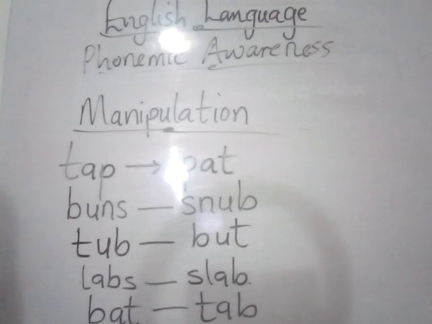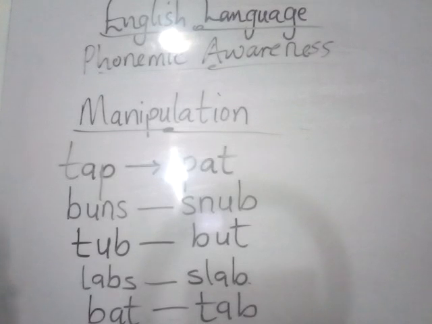These are just some simple examples of manipulating sounds in a word or in words to form new words. Okay, so phonemic awareness is all about being able to make the appropriate sounds and also being able to hear correctly when sounds are produced through words.